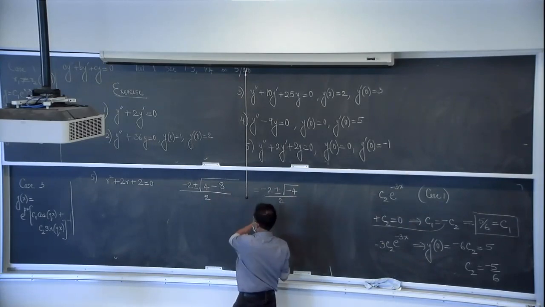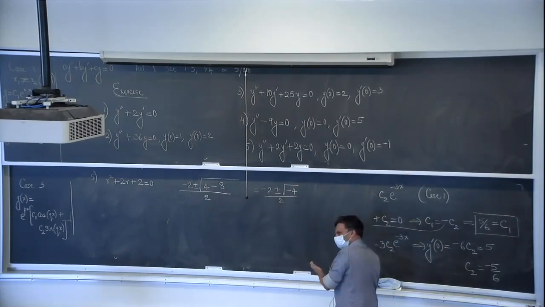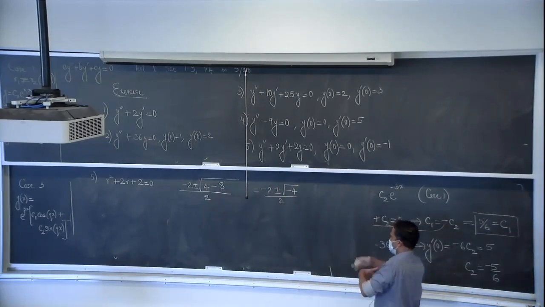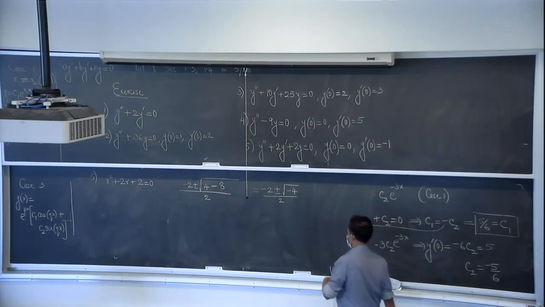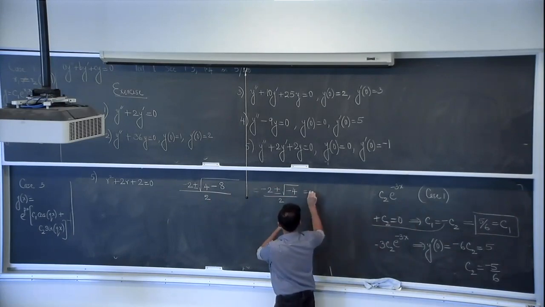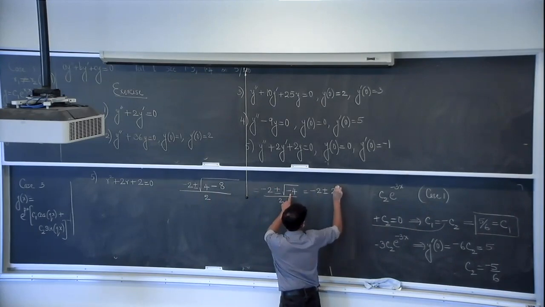I do this in so many steps so that I won't make mistakes. You don't have to jump 5 steps to show that you're able to do this all in your head. Just do it slowly, so that you don't have to go back 5 steps and correct your work. 2i over 2.